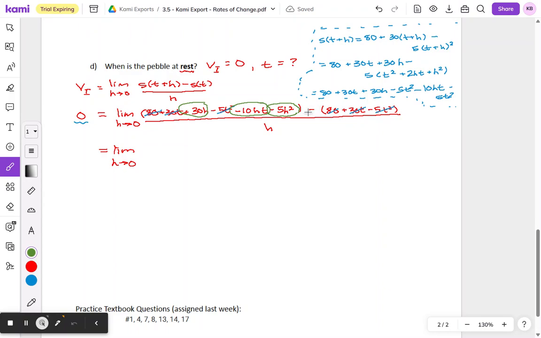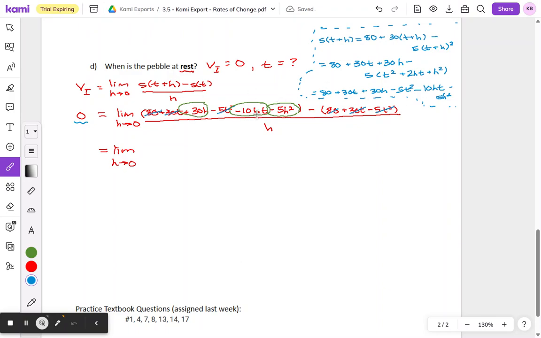Admittedly, it's very early in the morning, but no excuse. I made that mistake over here too, so corrections. All right, so this is what we have.